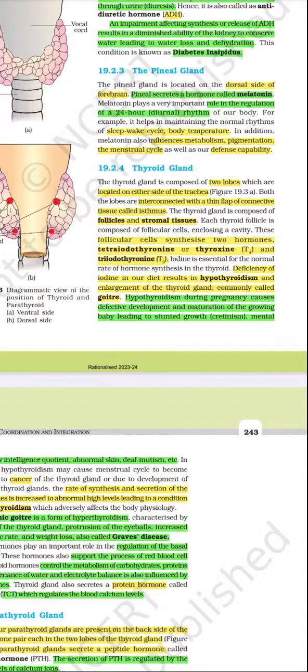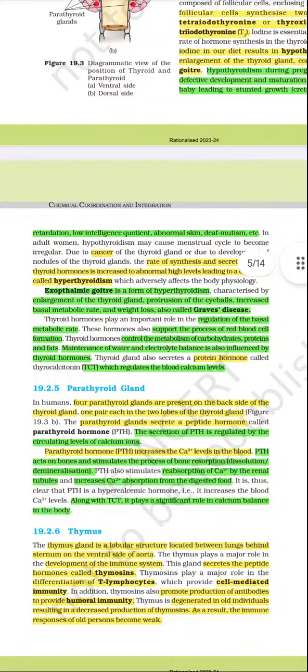Hypothyroidism during pregnancy causes defective development and maturation of the growing baby, leading to stunted growth (cretinism), mental retardation, low intelligence, abnormal skin, deaf-mutism, etc.